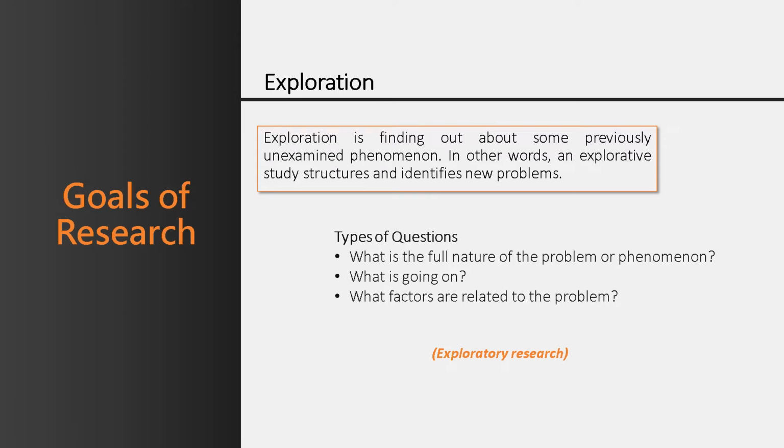In this type of research, the researcher finds an answer to a problem that has not been answered or studied before. So the types of questions are: what is the full nature of the problem or phenomenon, what is going on, what factors are related to the problem.